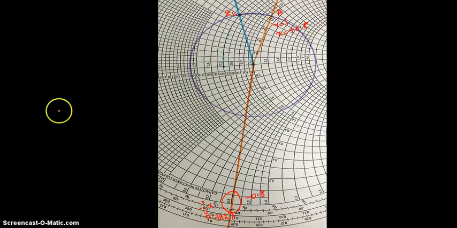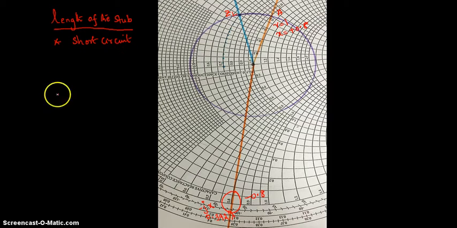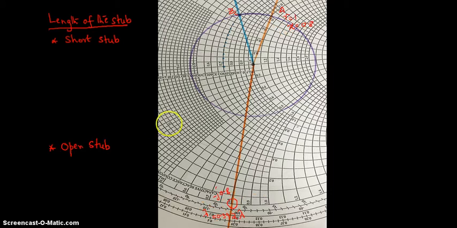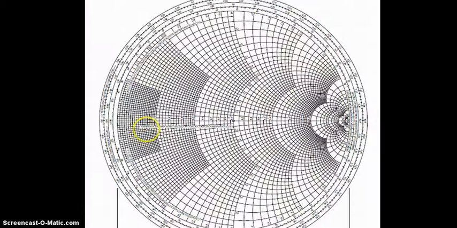Now the length of the stub. There can be two types of stub. One is called a short circuit stub and the second one is called an open circuit stub. Now if you see a normal Smith chart, this is a point where your R value is 0 and your X value is 0.